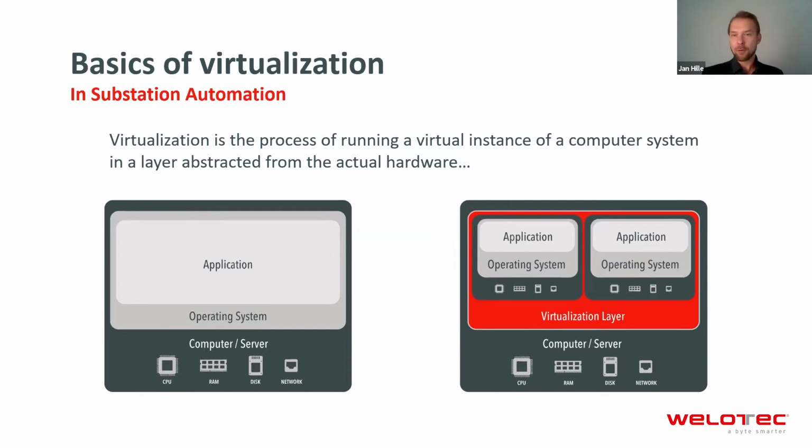What we can do now is build multiple computers inside this virtualization layer, which look like physical computers. We can install an operating system again, install applications inside there again, and we can run several of these computer systems at the same time within this hypervisor.